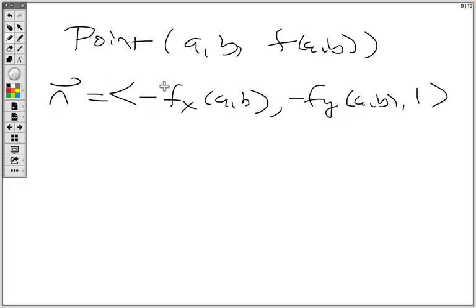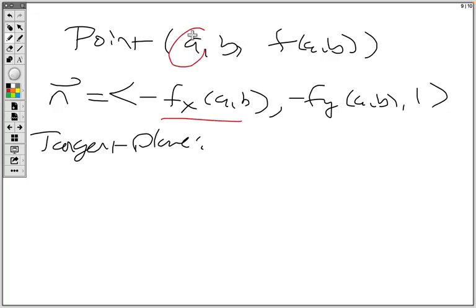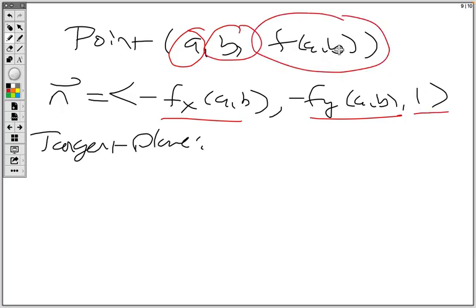So if I go through and use the recipe we learned a few weeks ago to get to our tangent plane, we've got the x component times (x minus a), the y component times (y minus b), the z component times (z minus f of (a,b)).